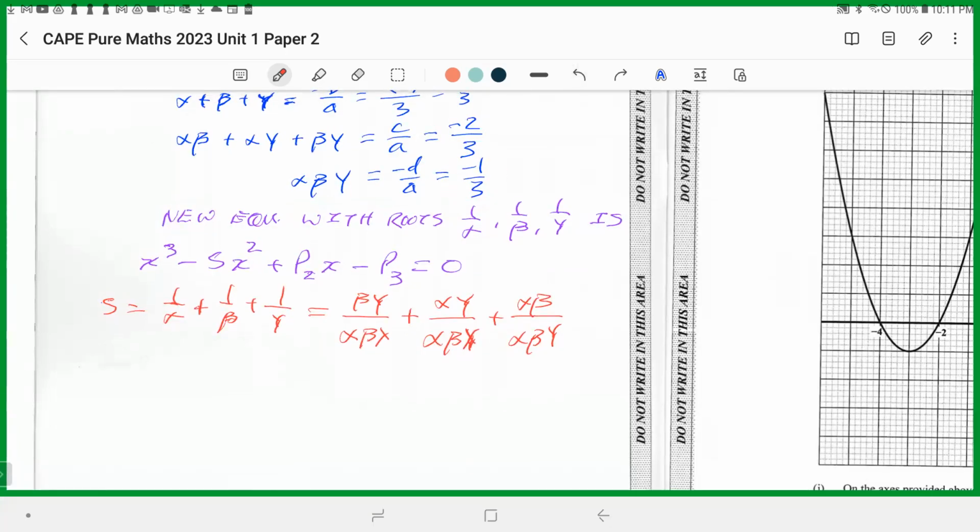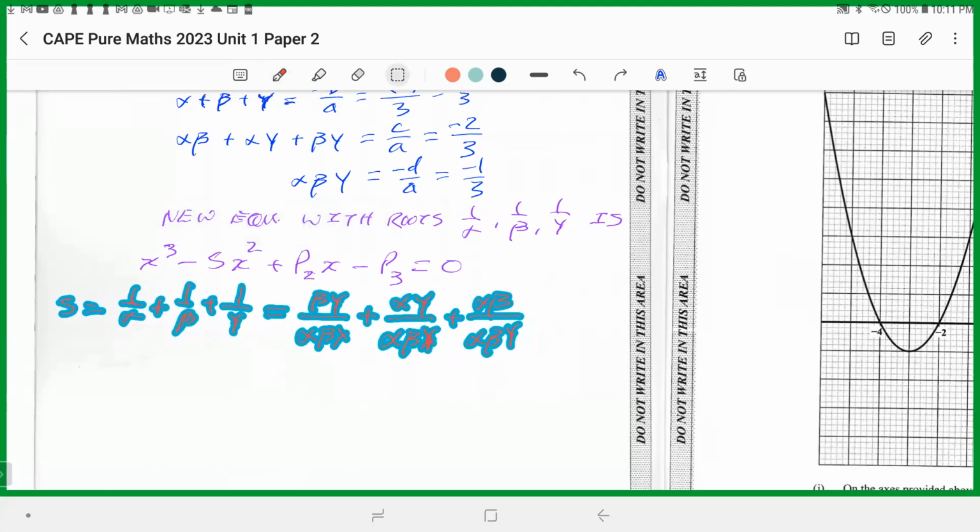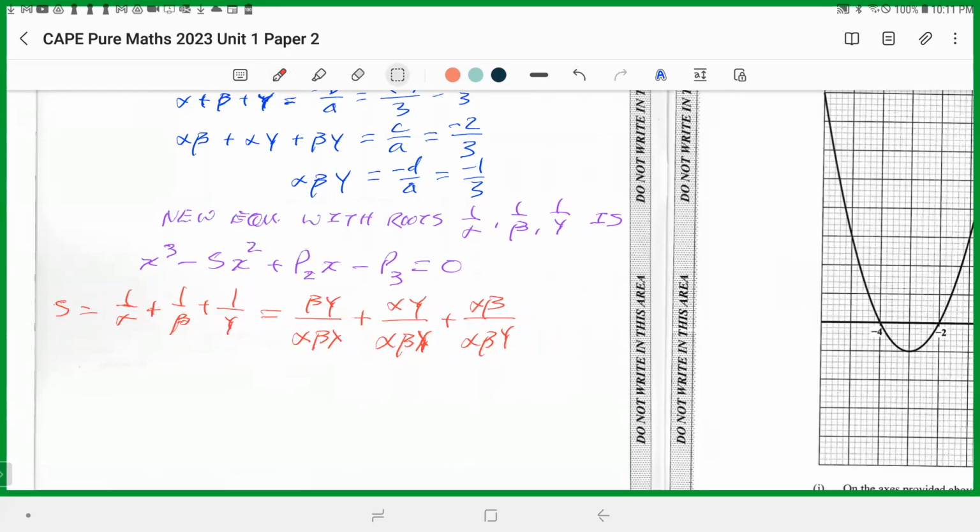All right, so let me shift this over so we can get a little bit more space, because I don't have a lot of space to work with. Now remember, this will end up being the pairwise product over one common product. When you put these together, it becomes the sum of these three things on top of one another.